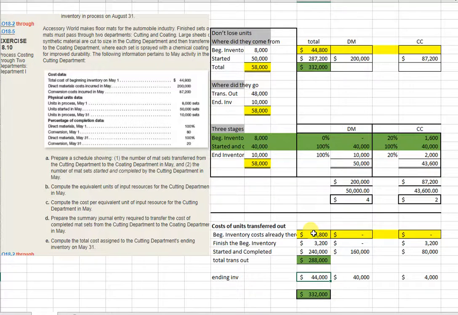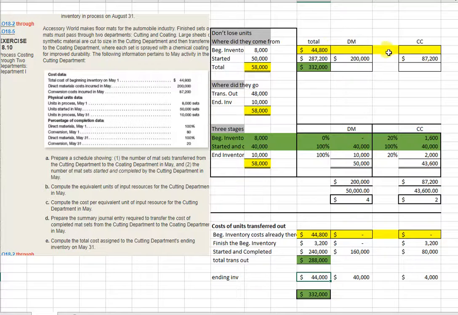You take your beginning inventory, these costs are already there, so I transfer them out, and then I recompute this. So 0 times 4 is 0. 40,000 times 4 is 160,000. And then I have my beginning inventory costs, again 44,800.